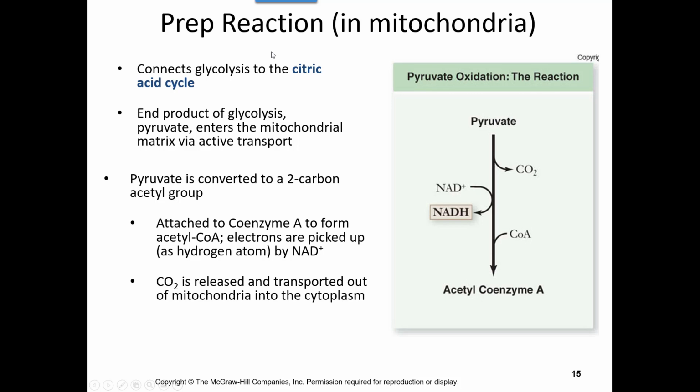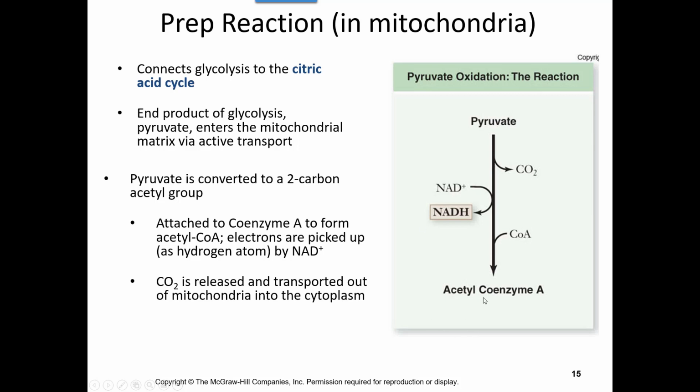It's just a reaction that connects glycolysis, our step 1, to the citric acid cycle, our step 3. So we take our end products of glycolysis, our pyruvate, it's going to go into the mitochondrial matrix. That's the fluid inside of the mitochondria, and that pyruvate is going to get converted to a 2-carbon acetyl group and attached to something known as coenzyme A.